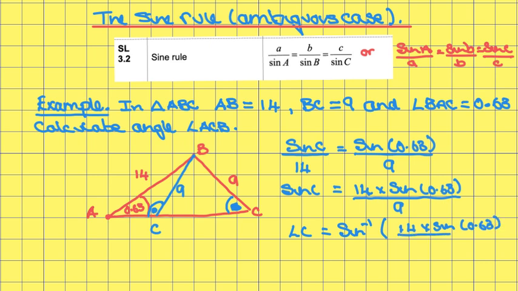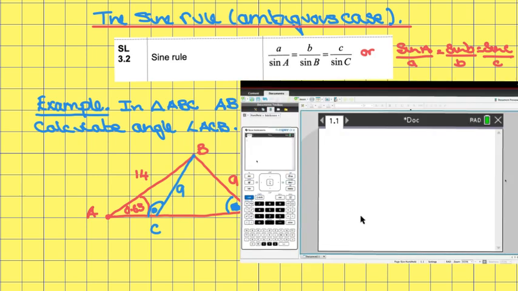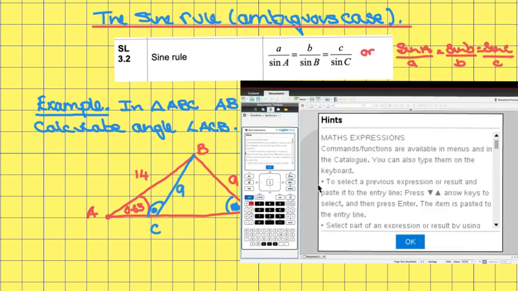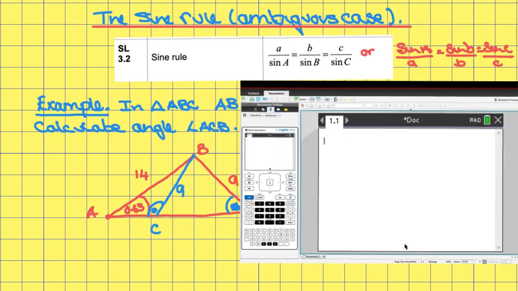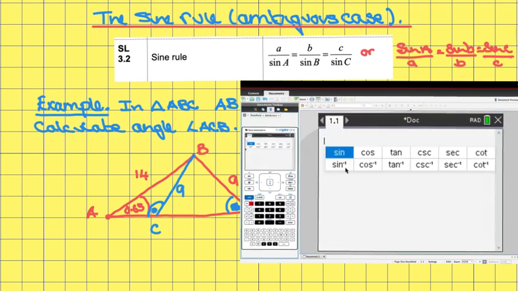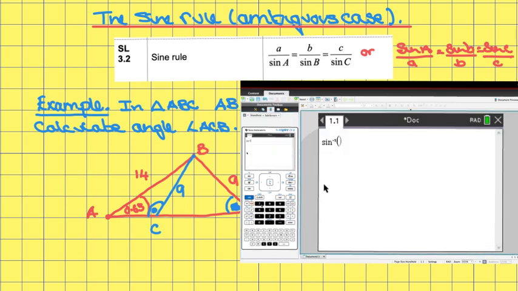So if you go to your calculator and work that out, I've opened the GDC and a calculator page. I've made sure that we're in radians. So I want control trig, sine to the minus 1, control divide to get my fraction.